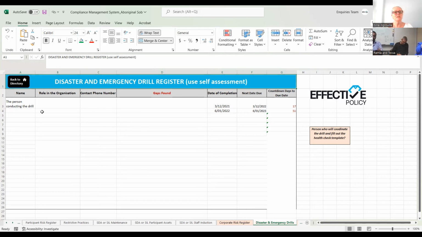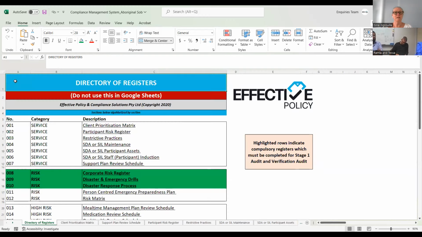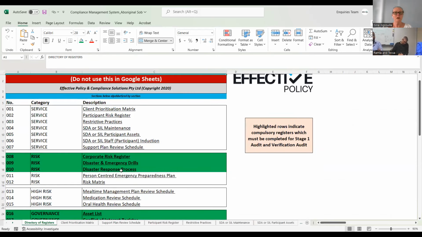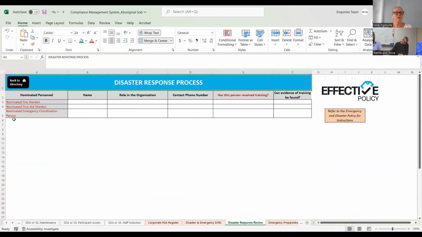Yep. So this is about having, they're going to ask you, you know, what do you do about drills? And so you'll need to complete this. So disaster response process, we need to see that you've nominated a fire warden, that you've nominated a first aid warden, that you've nominated your emergency coordination person.